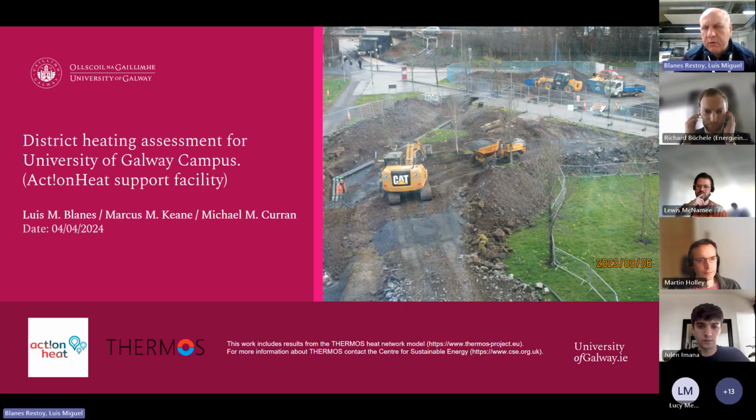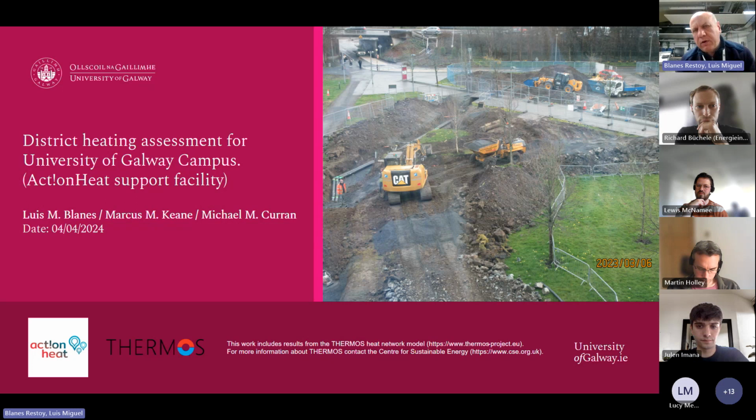So in the picture, as you can see, there is already a branch connection that we did as part of the GeoFit project, which is an EU project funded by the Horizon 2020 program on ground source heat pumps.